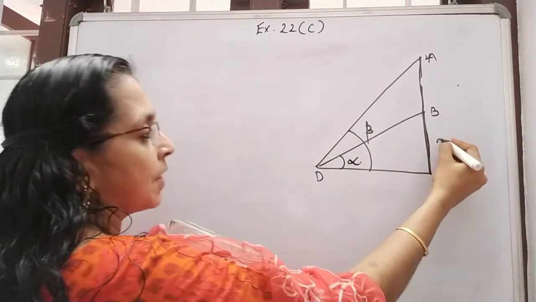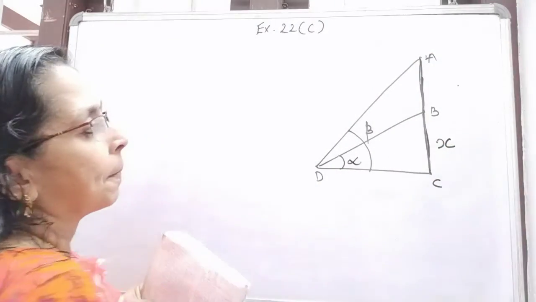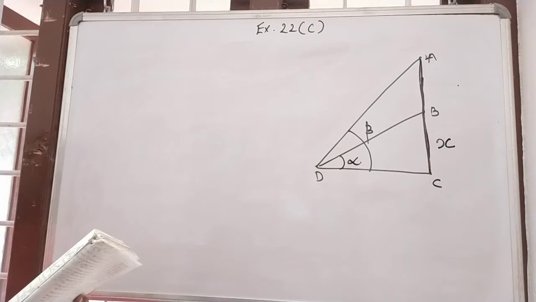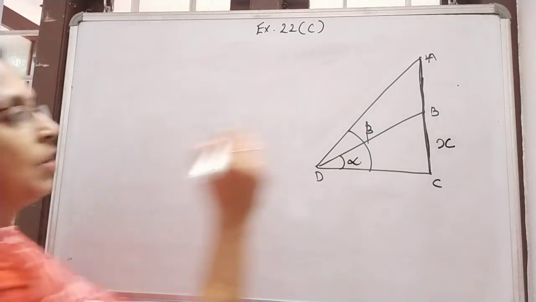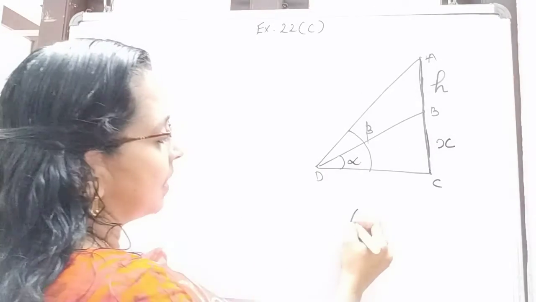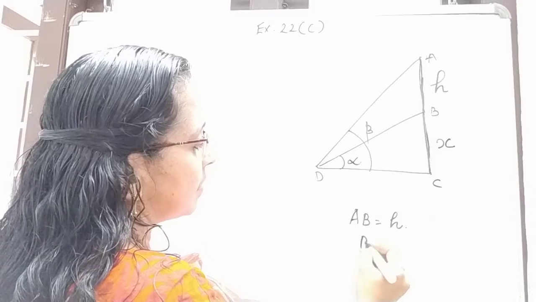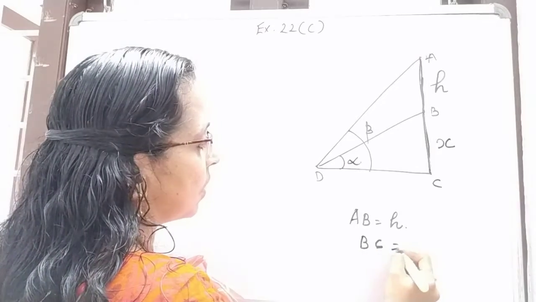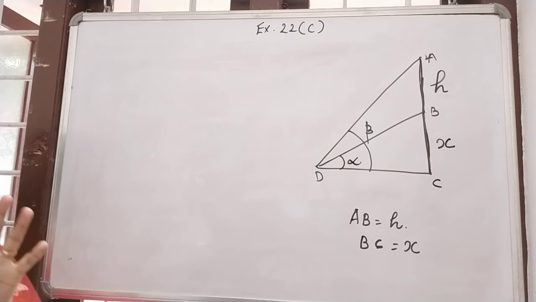We can take this as the height of the tower, and this is the flagstaff, given as a vertical flagstaff of height h meter. So AB is equal to h and BC is equal to x. For our convenience we are taking it this way. The flagstaff height is given as h in the question.